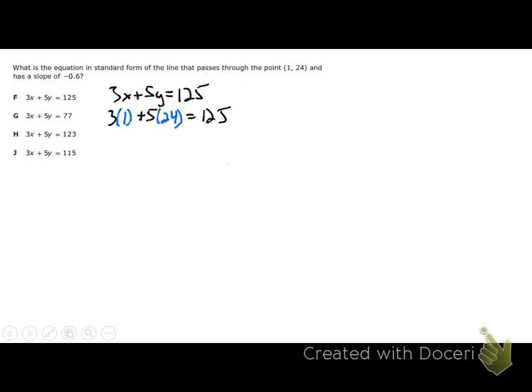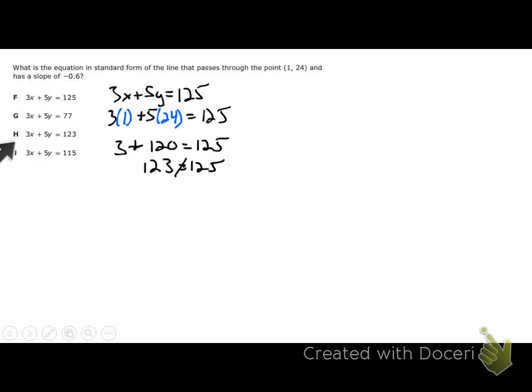Let's see. 3 times 1 is 3. That's easy. 5 times 24 is 120. Oops, I don't know why I have an equal sign there. Now we end up with the statement 123 equals 125. Since that is not a true statement, we know that this point is not on this line.